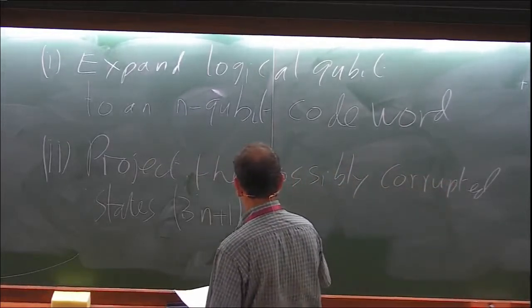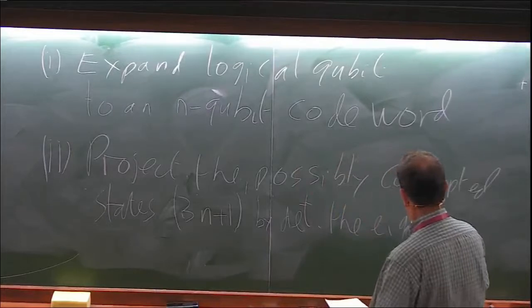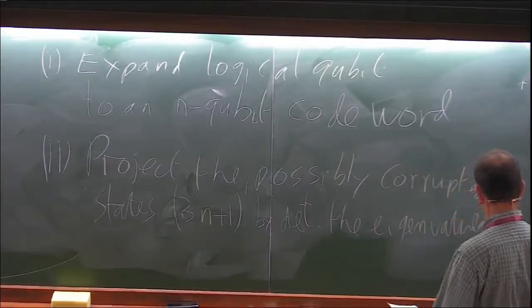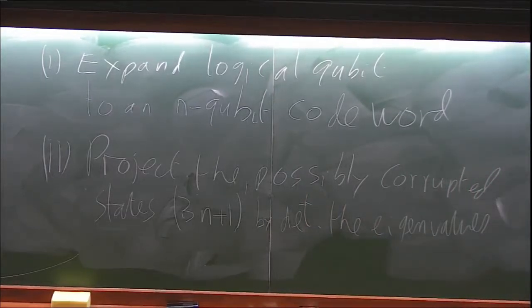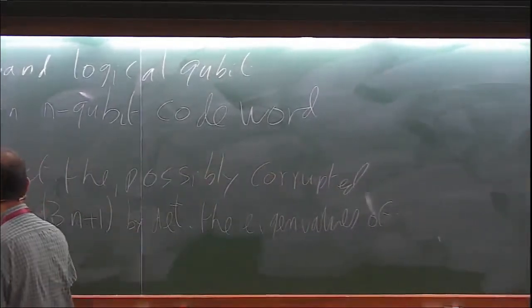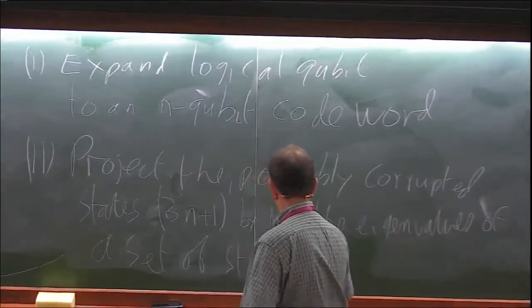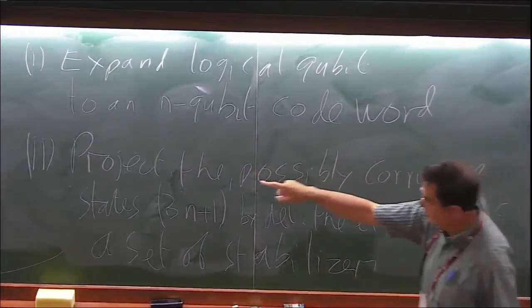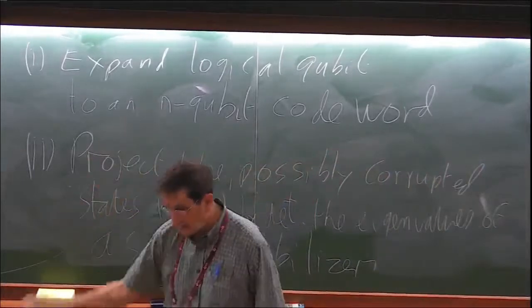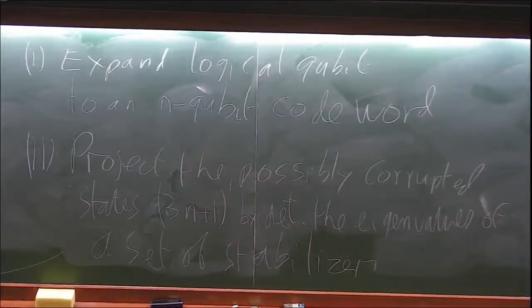By determining the eigenvalues of a set of stabilizers, and these eigenvalues of the stabilizers, +1 or -1, will uniquely determine which of these 3n+1 states are projected onto. And we'll see an example of that in a little while.